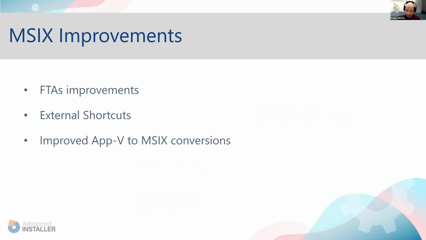Other MSIX improvements in 2023: for us, one of the main focuses was the migration from AppV, because end of life for AppV is getting closer. It's 2 years now, I think, in 2026. I haven't seen any updates from Microsoft on this topic, so we don't know what to expect after it.